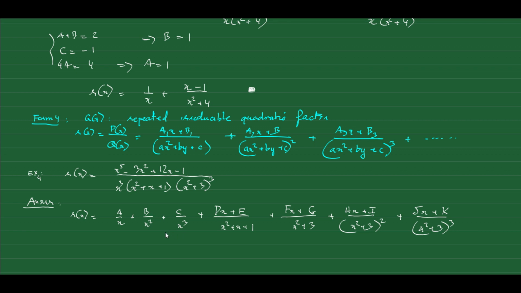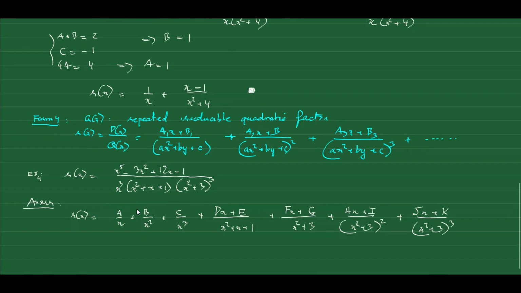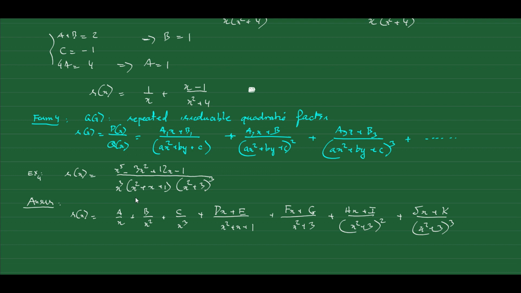If you do it manually, there's no way you can get it. You can probably set it up, but to get A, B, C, D, E, F, G, H, I, J, K, there are too many variables to find. There's no way you can find it without a calculator. Even with a calculator, you can do it with a matrix of 11 columns and 11 rows, but manually, no way. Okay, so I'm gonna stop right over here for form number 4.